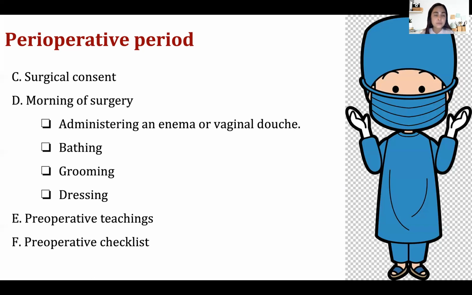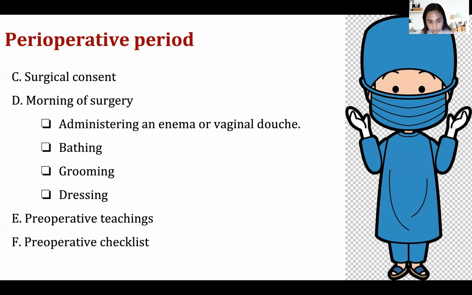It will help a lot. And also, we can tell the patient before the surgery what things they will expect, what the complications of surgery are, and how to prevent those complications. In that way, you will prepare the patient for what we expect.